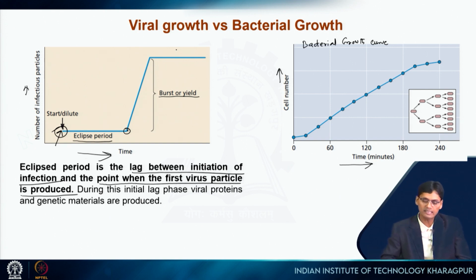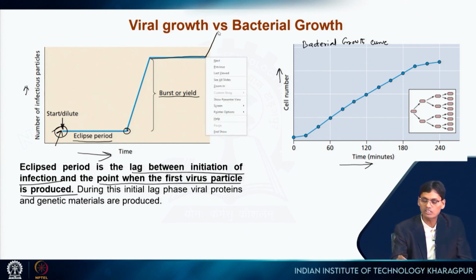How long the eclipse period should be depends on the virus; some viruses might have different eclipse phases. After this period, again there is an eclipse phase, as you can see here, and after some time again it can go to burst or yield, just as I explained before.